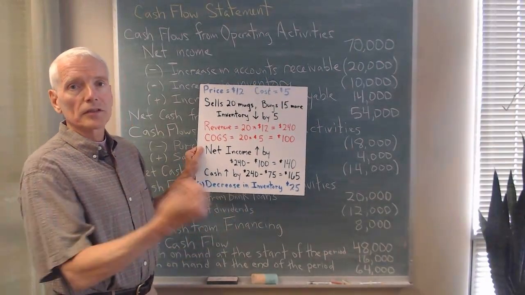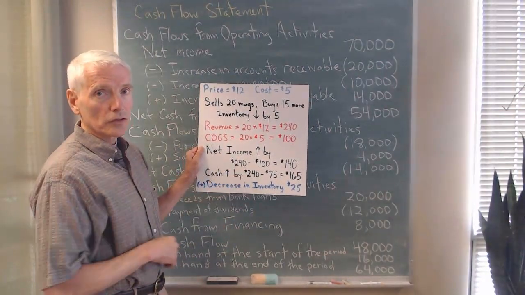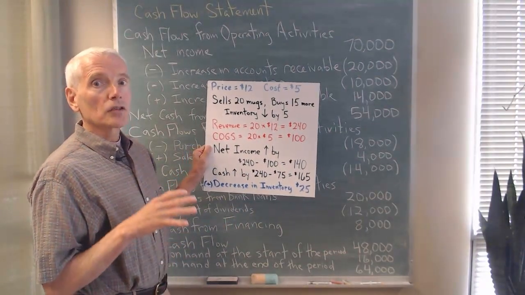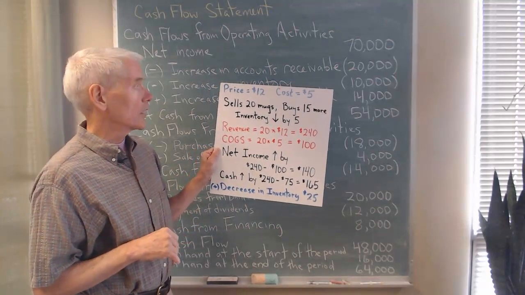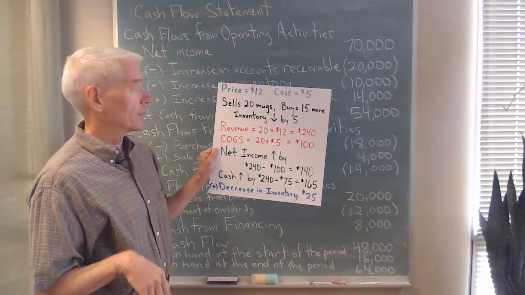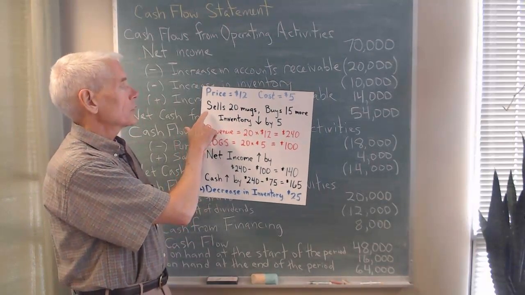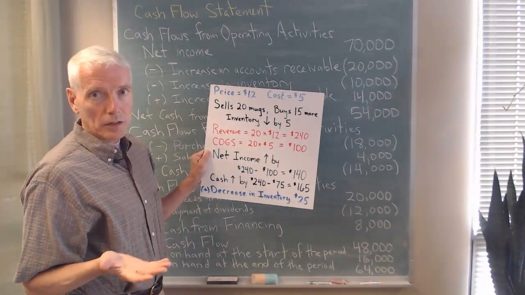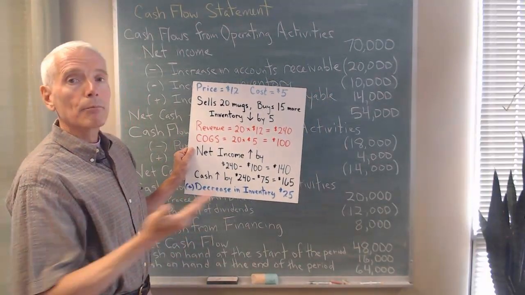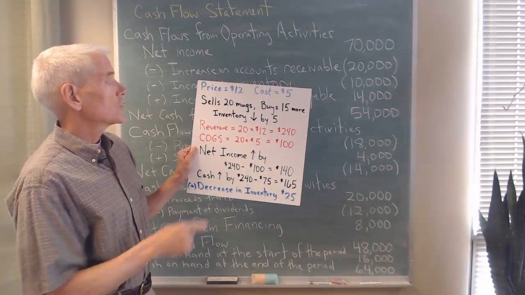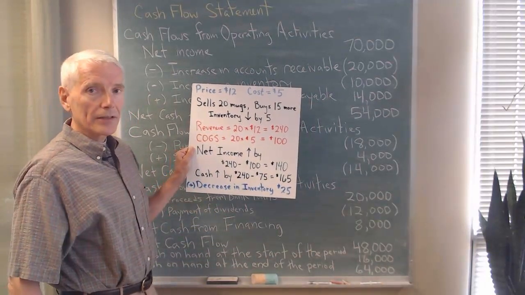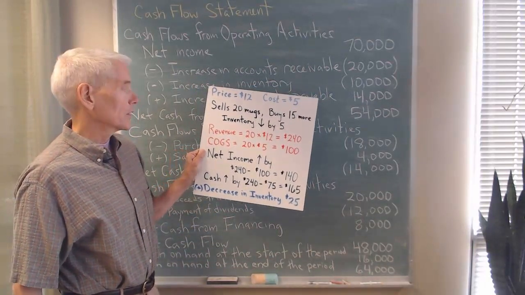Suppose that the price for a mug that is sold is $12. The mugs cost $5 for Doug's Mugs when they buy them and add them to the inventory. And in one period, let's suppose that Doug sells 20 mugs that were in inventory and buys 15 more. So there's a net decrease in inventory of 5 mugs.